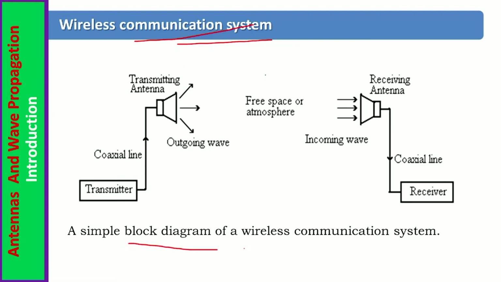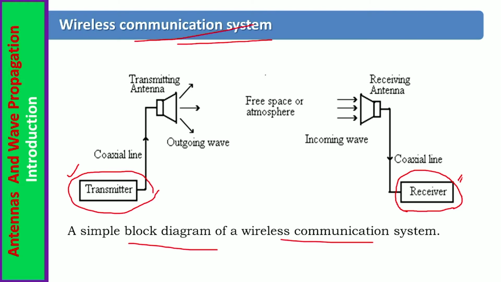A simple block diagram of a wireless communication system is shown. On one side, we have a transmitter, on the other side, a receiver. This entire system is there in place to transfer information from the location of the transmitter to the location of the receiver.